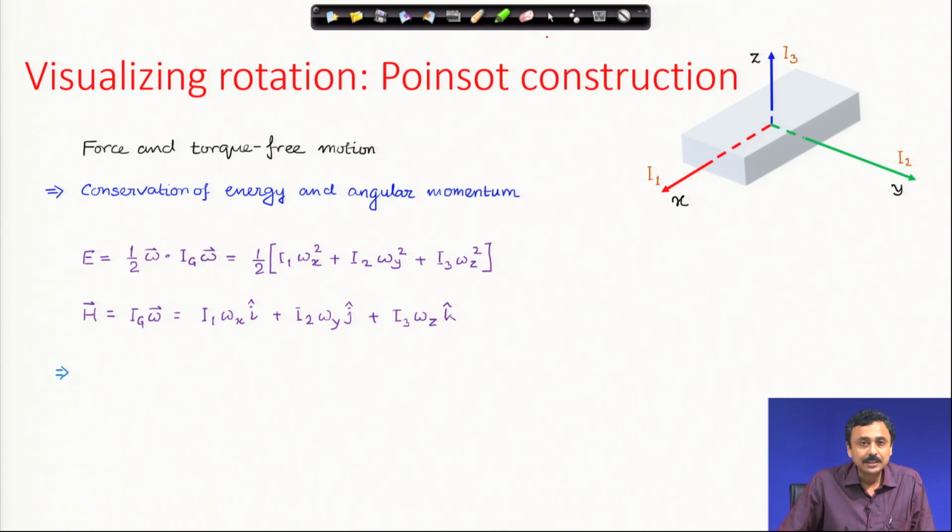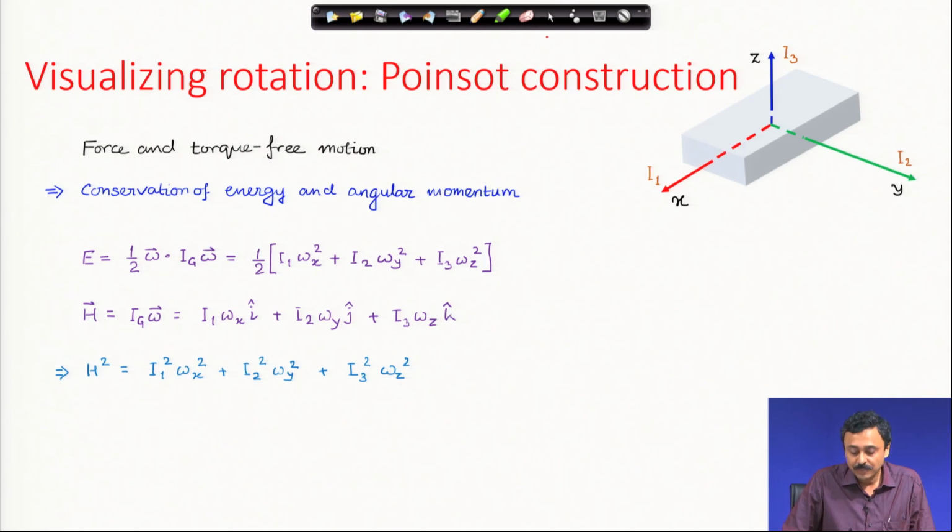Now, magnitude wise and direction wise this is going to remain the same, but handling and understanding a vector quantity like this may be slightly more complicated. So, what was done by Poinsot is that you consider the magnitude square of the angular momentum, which is a scalar quantity, and that is also going to remain constant.